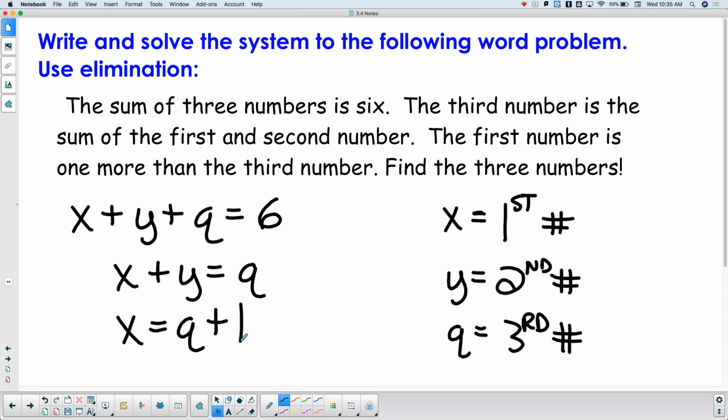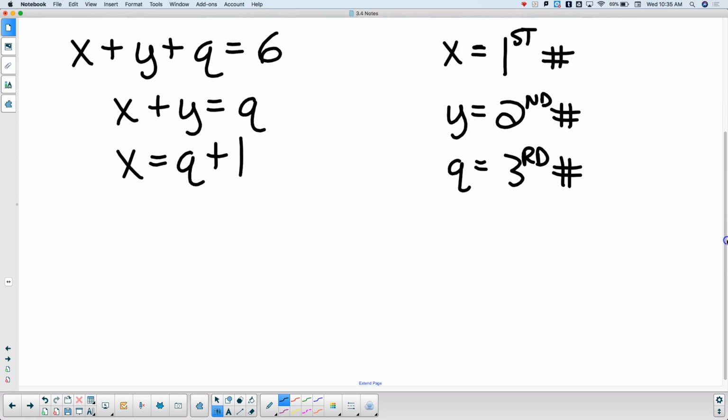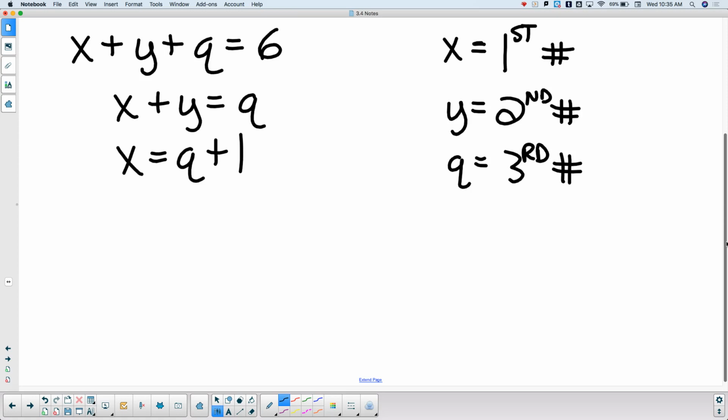Now, if we're going to be using elimination here, we are going to have to rewrite them and get them all aligned. Remember how we said x's and then y's and then equals and then numbers back 2 weeks ago when we were doing it? Well, now it's x's, y's, in this case it's q's, and then equals and then numbers.